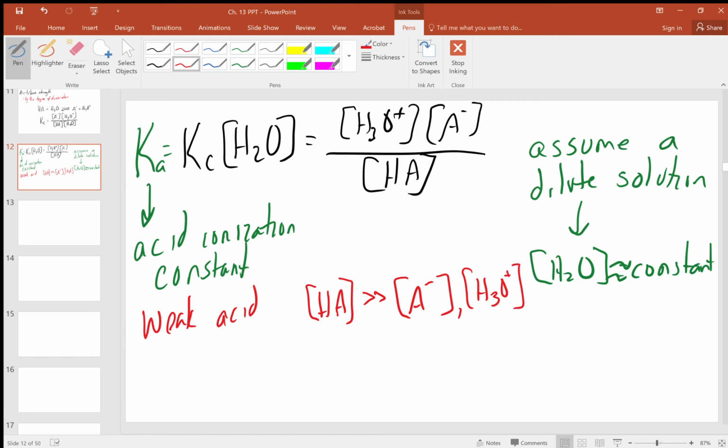Or we would have a small number up here divided by HA, a much larger number. And so overall, what will that make the value of Ka? Will it make Ka small or large? It will make Ka very small.